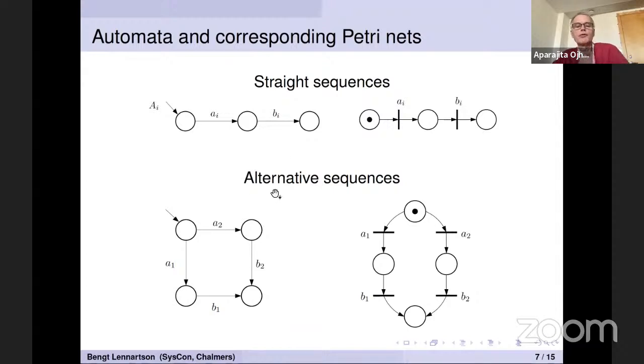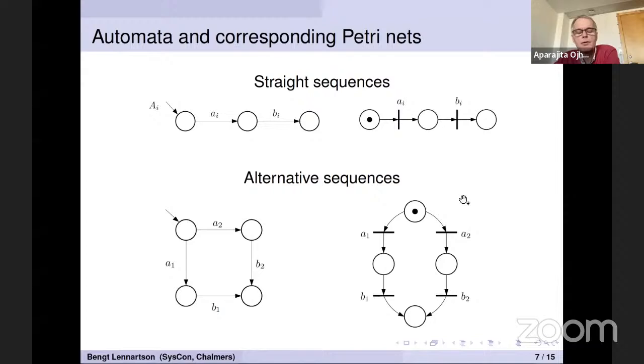Another important feature is that you can have alternative sequences or alternative choices. So for instance, when you are in the initial state here, you can make either an A1 or an A2 event. If you take an A1, you will also follow up with B1. And if you take A2, you will follow up by B2.